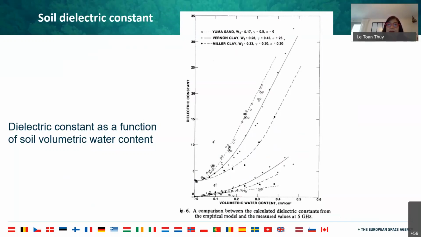For a living medium, the molecule that vibrates under excitation by the wave is the water molecule, because the water molecule is like this, 105 degrees, OHH.